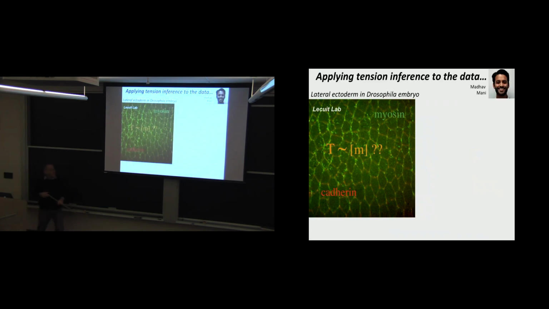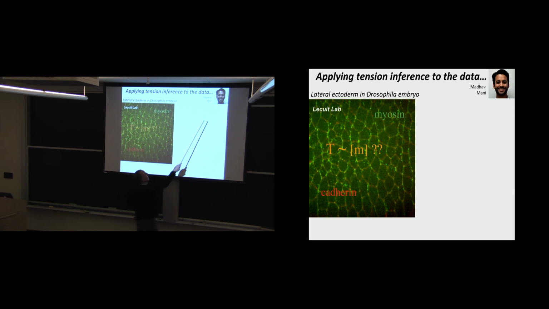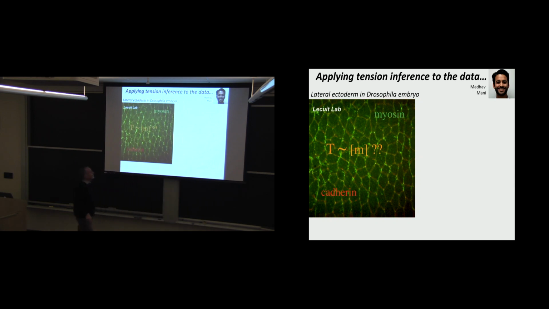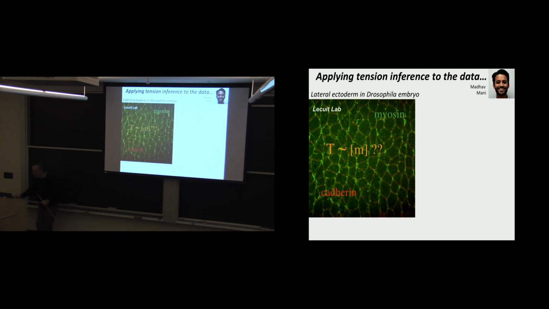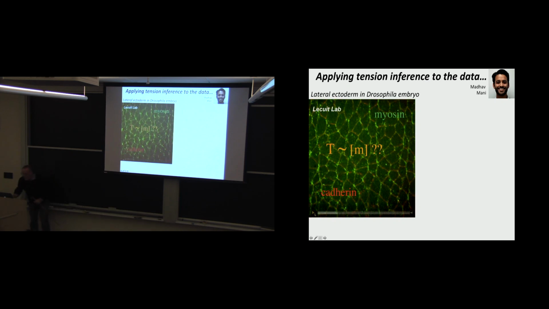And Madhavmani, who is a postdoc at Bell before he moved to Northwestern, did just that with some data from Tamali Kui's lab. And Tamali Kui and friends made a movie of this embryonic epithelium also showing distribution of myosin.